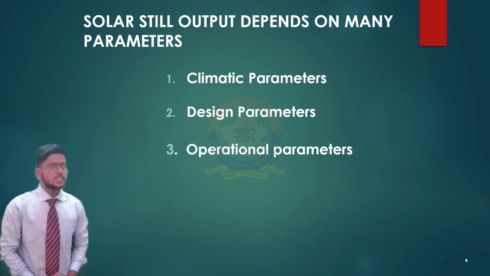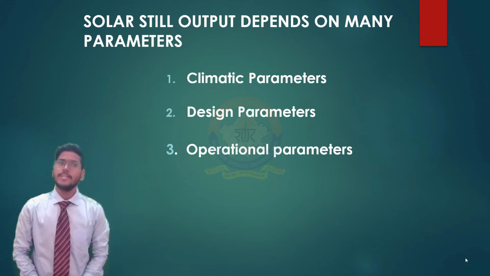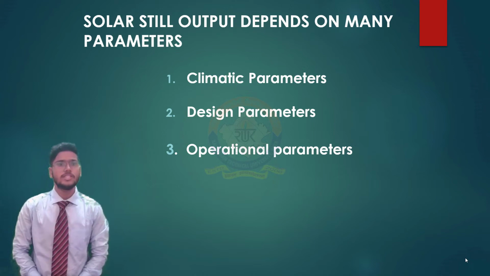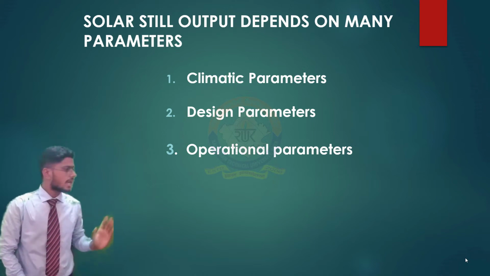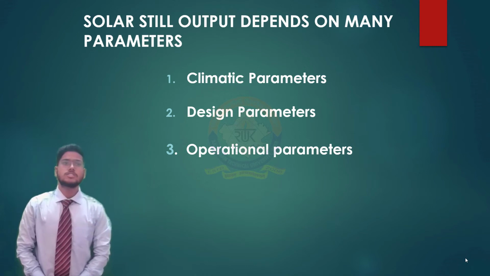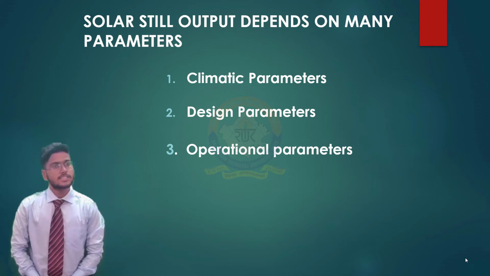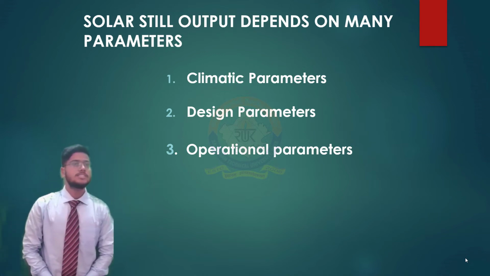Come towards dependency of output of solar still on various parameters. So these are some parameters which are responsible for output of the still. The first one is climatic parameters, in which solar radiation, ambient temperature, wind speed, outside humidity, sky conditions are changed. Another one is design parameters.